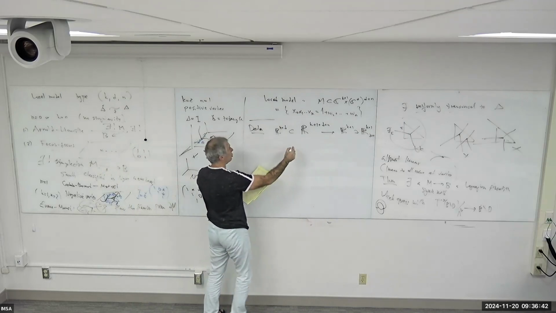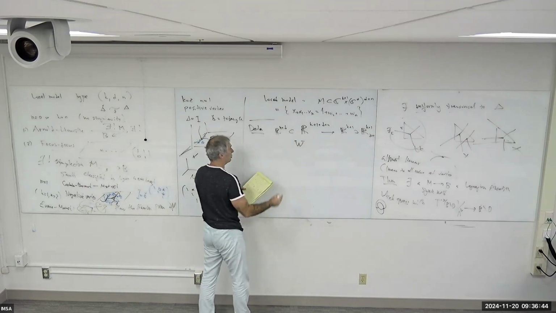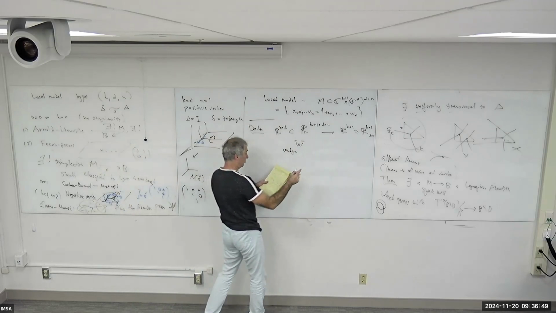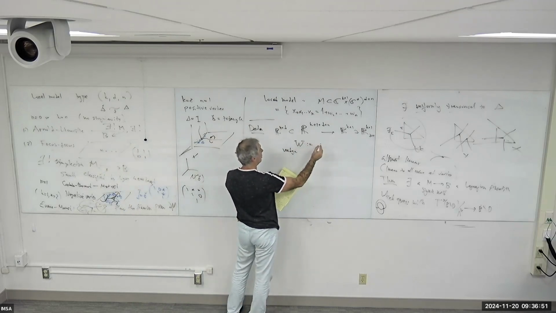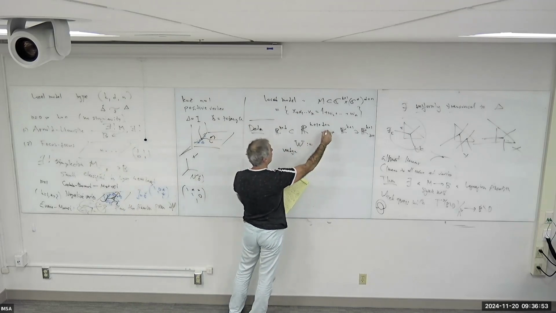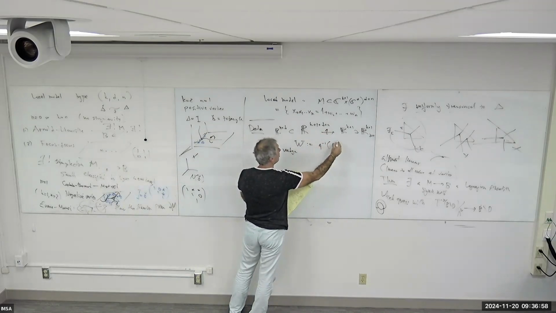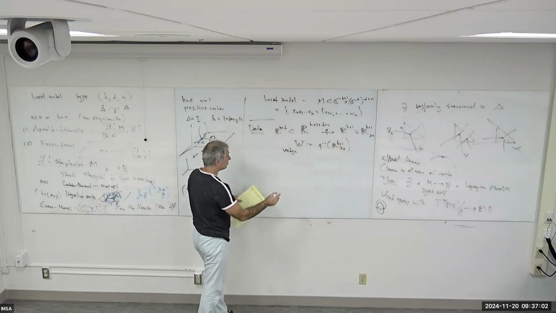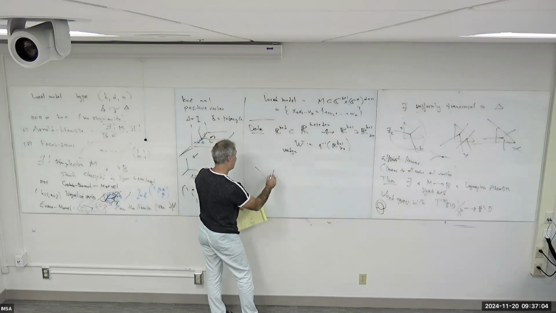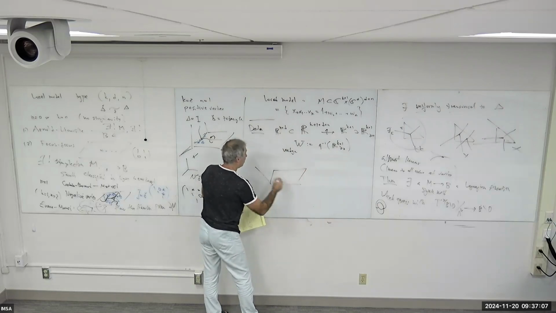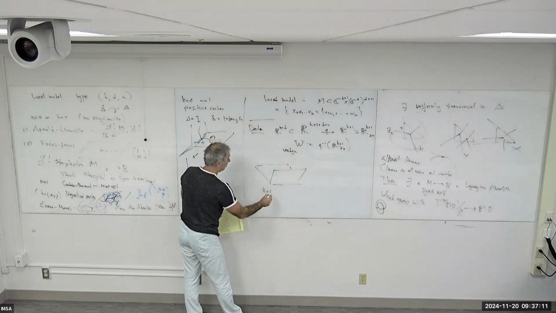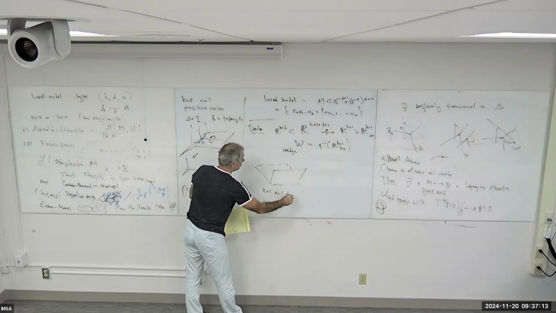The main object here we're going to call the wedge, because it looks like a wedge in the picture I'm going to draw. Let's call this map Q. The wedge is the Q inverse of the positive octant. The picture of the wedge is really a wedge. This is the focus example: k equals 1, n equals 1, d equals 0.